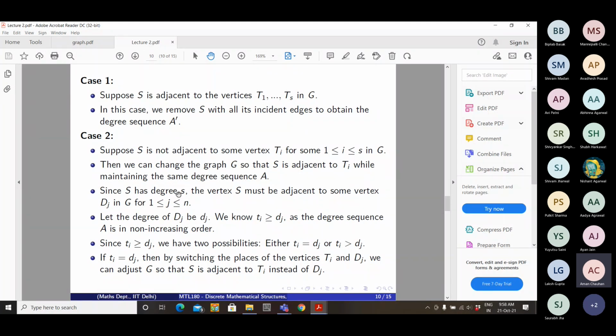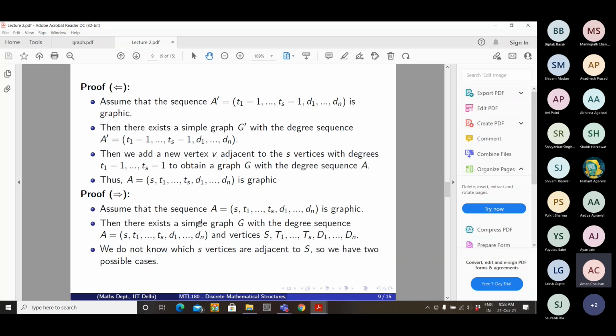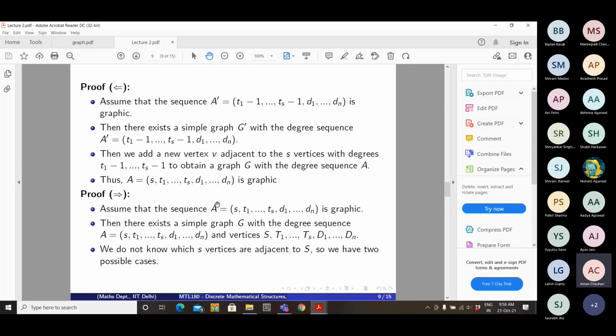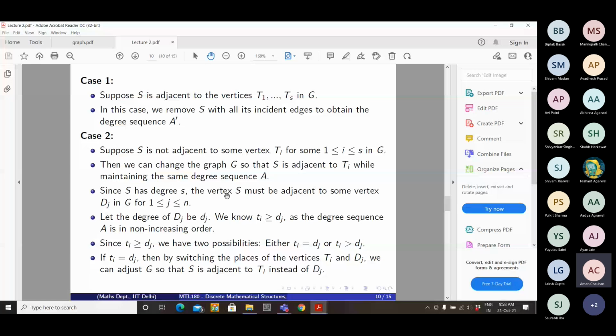Our vertex S has degree s. Since S is not adjacent to some of the vertices present in the list T1 to Ts, and S has degree s, S must be adjacent to some vertex in the list D1, D2 up to Dn. Is it clear? Are you getting my point?